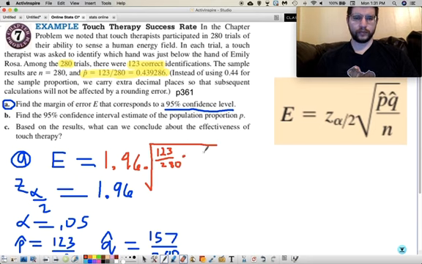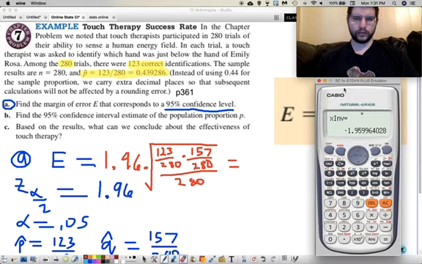Q hat was 157 over 280. Divide that by n, which is 280, and see what we get.